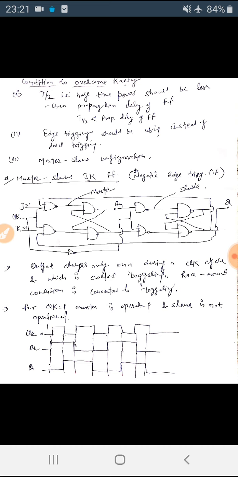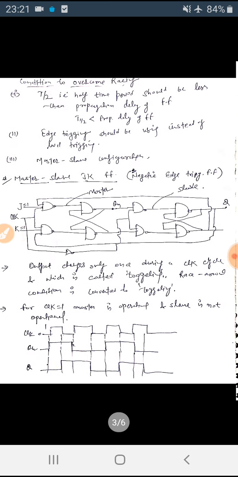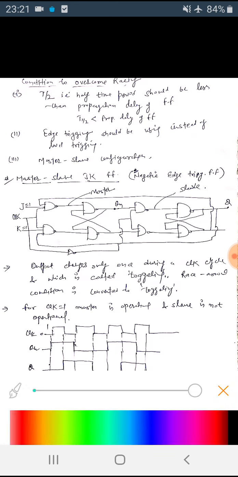We have forced the output to change only once during a clock pulse. If clock is high, the output of master will change, and if it is low, then only the output of slave will change. So we have forced the race around condition to get converted into toggling.